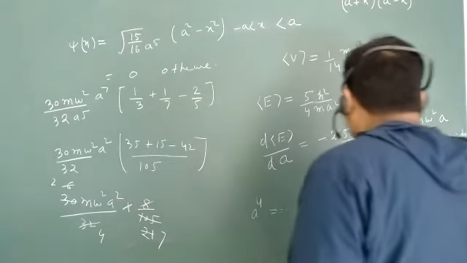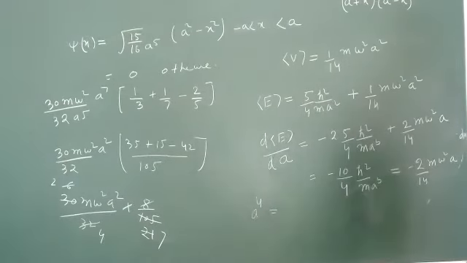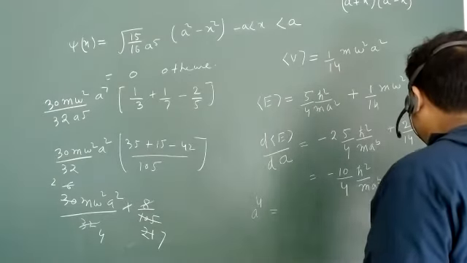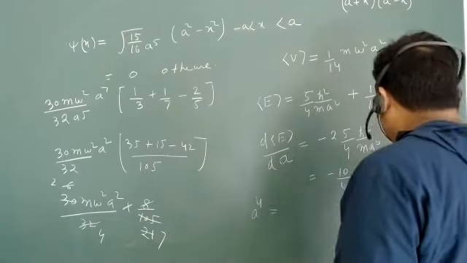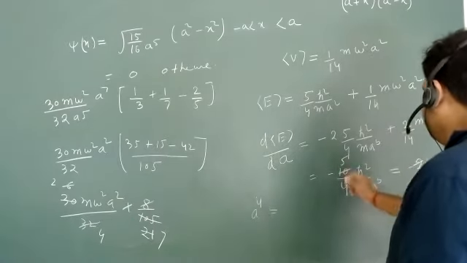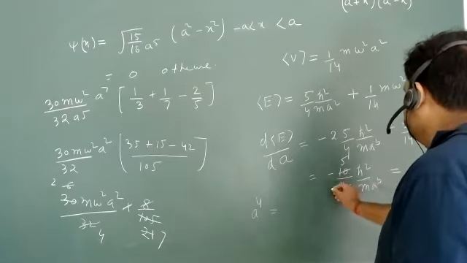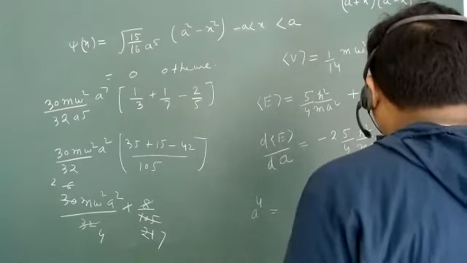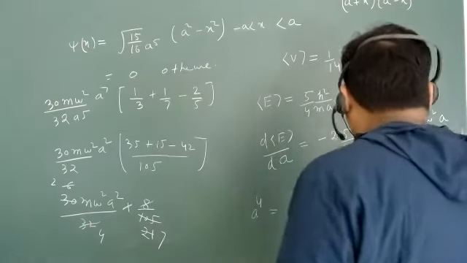So what is this value? 2 and 5, and here 2 and 7. So a to the power 4, this minus cancels.